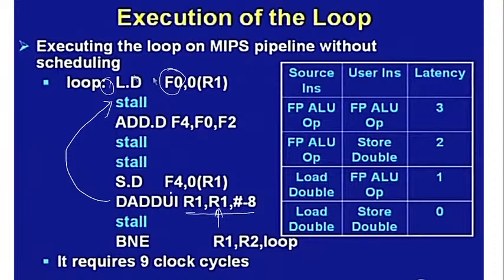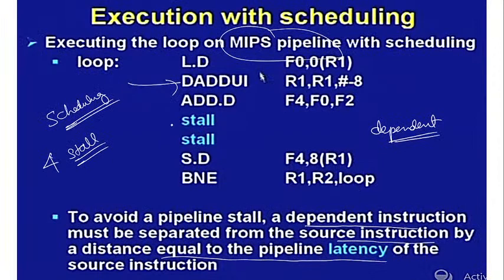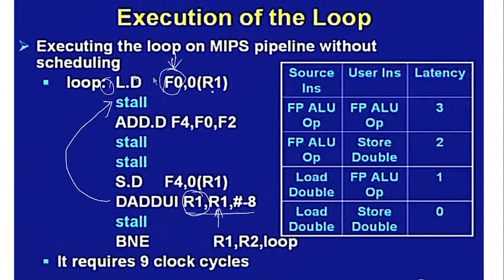There is no dependency here, because it is just loading, with no addition or subtraction. So the compiler keeps this decrement instruction in that particular delay slot. Then the rest is the same as it is.